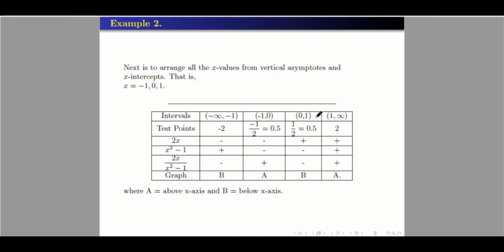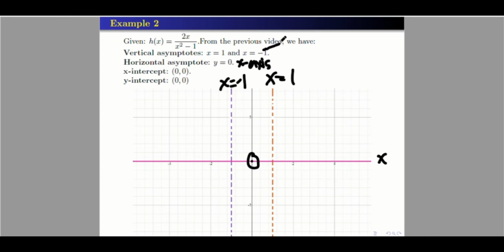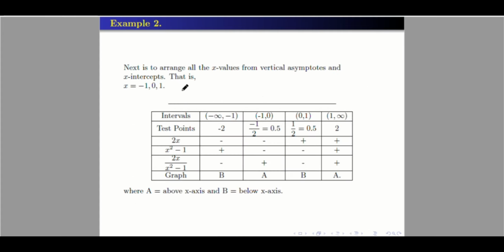Okay, so next we'll arrange the values from our vertical asymptotes and x-intercept. We have negative 1, 0, and 1. So we have negative 1, we have 0, and 1, and we have negative infinity to positive infinity.